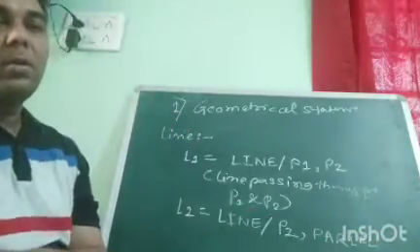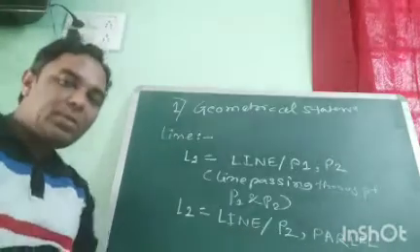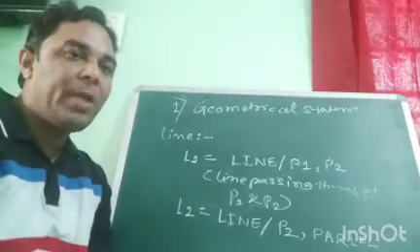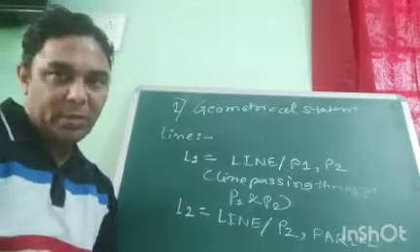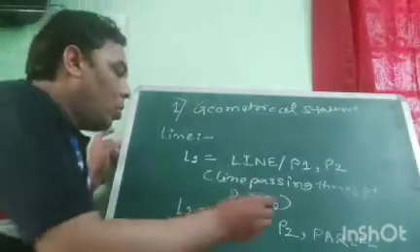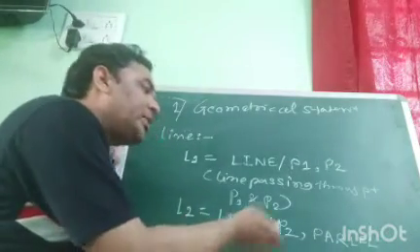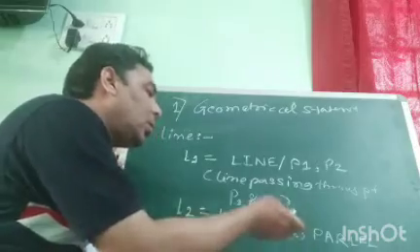Parallel. This is not the exact spelling in English, but we need to write it in the syntax coding of the APT part program, which we only need to memorize. Right? So the line L2 passes through point P2 and is parallel with the line L1.